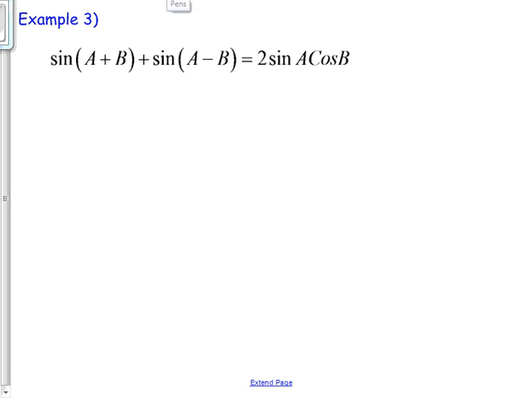Ooh, let's see here. This one's going to take a little bit of work. Alright, so sine of A plus B, we have an identity for that.